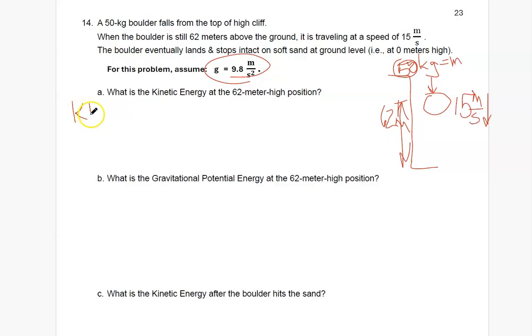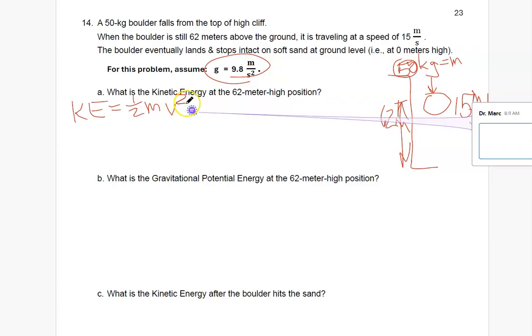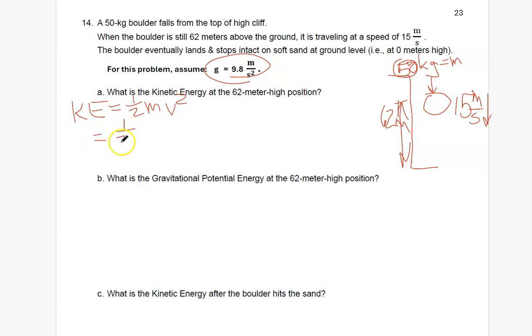Well, we have a very straightforward formula for kinetic energy. It's equal to 1/2 times the mass times the speed squared. Well, we know the mass, we know the speed, we can just plug these values in. 1/2 times the mass, which is 50 kilograms.